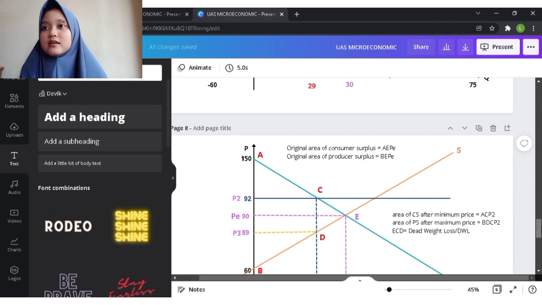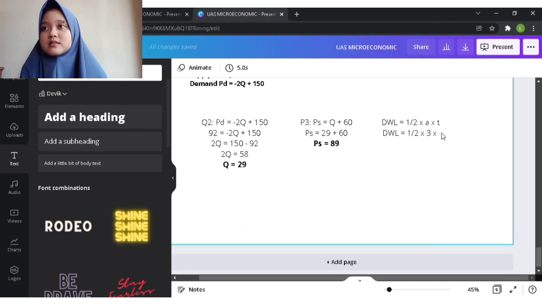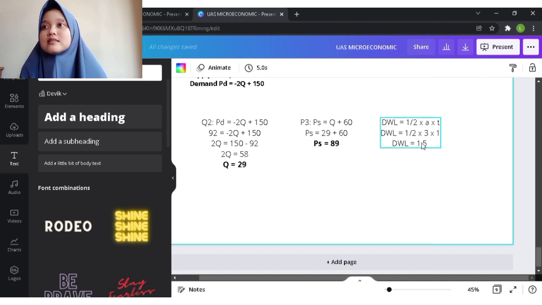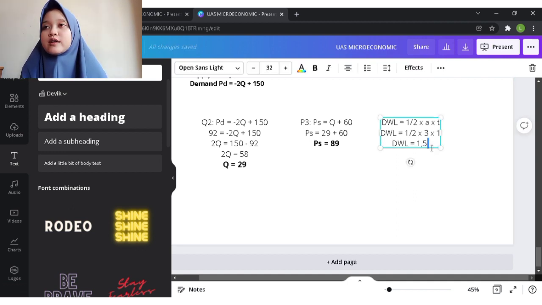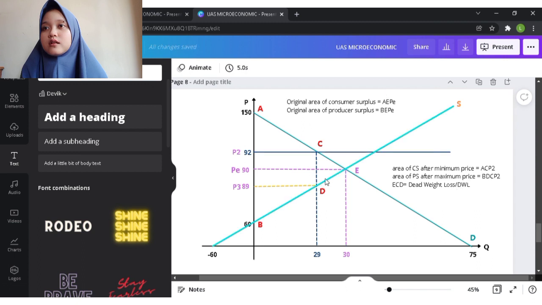And for the height of the triangle we do 30 minus 29, so we get 1. Then the area of DWL, the dead weight loss, is one half times 3 times 1, which is 1.5. So 1.5 is the area of the dead weight loss.